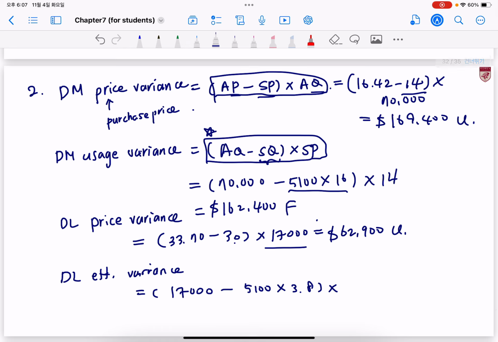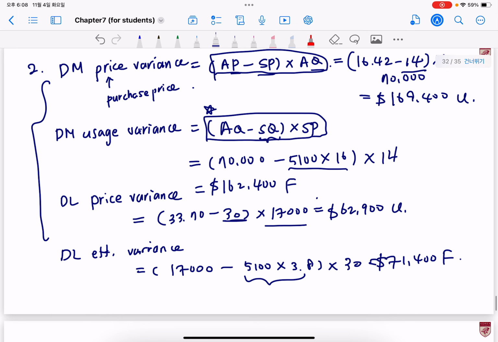Okay, so the standard price is right here, 30, right? So let us also calculate the difference. We have $71,400. Yeah, so it's favorable, right? So yeah, this was all for number 2.